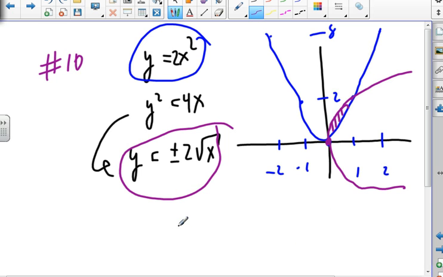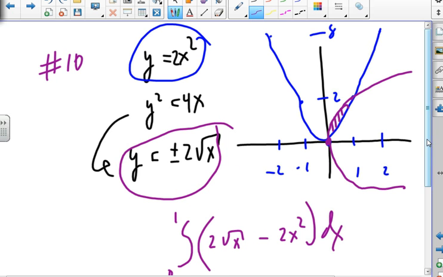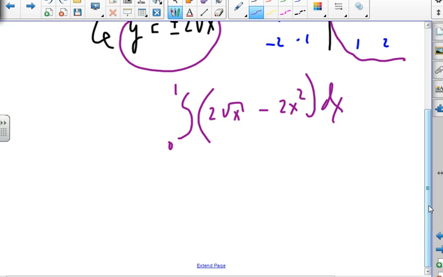Okay, so I'm looking at the integral from 0 to 1 of 2 the square root of x minus 2x squared, I think, dx. Alright, well, let's see if I can do that in this guy.